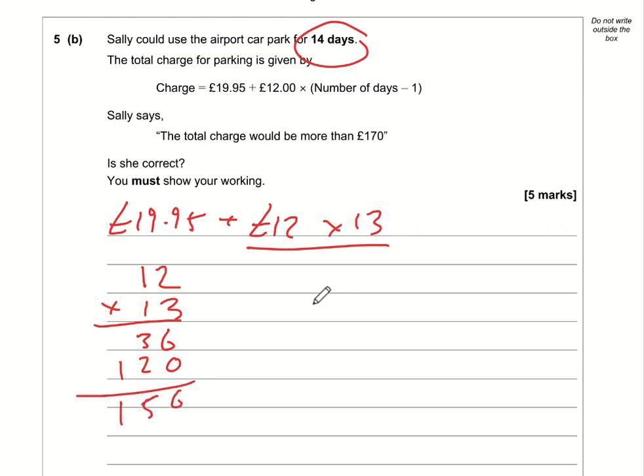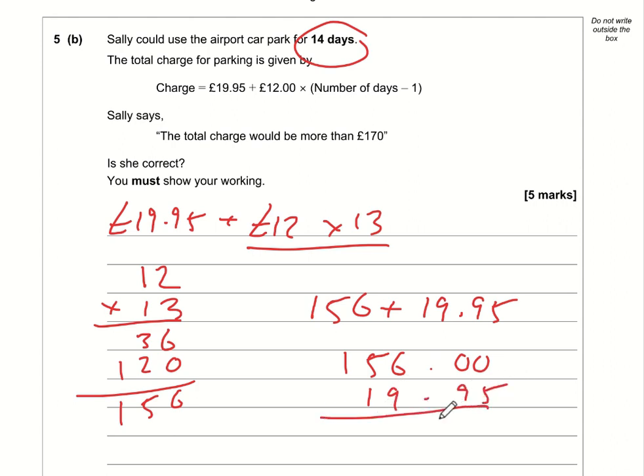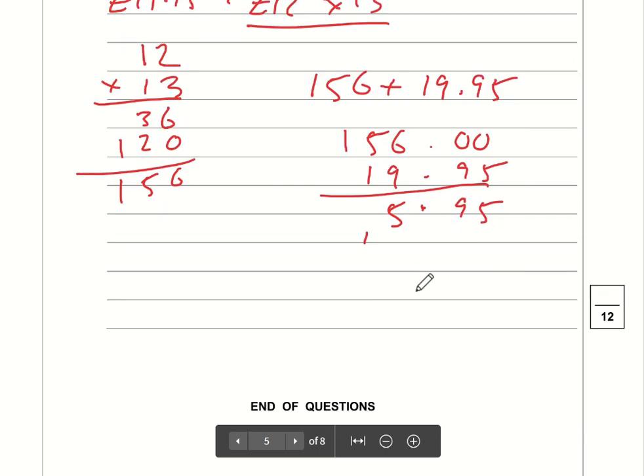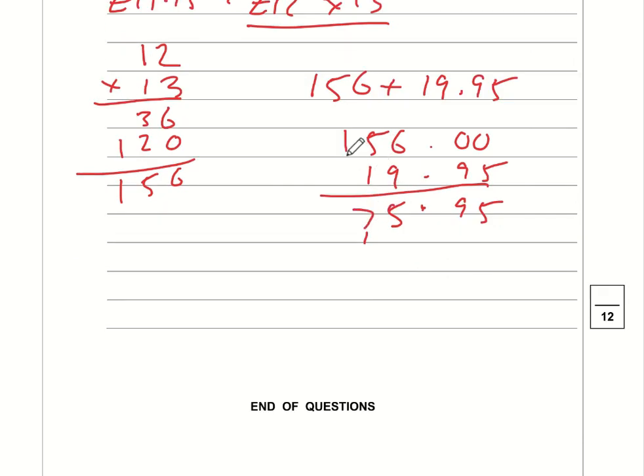So now all we need to do is £156 plus £19.95. Let's just do this as a column, just to be on the safe side. We know it's 95 over here. 9 plus 6 is 15. Carry the 1, 5. Let's scroll down a bit. 5, 6, 7. 1 plus nothing is 1.